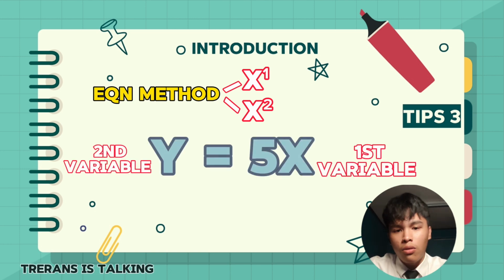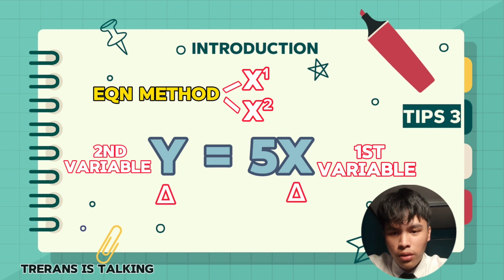Maybe it's y or z, depending on the equation itself. But we must remember that this substitution method only works when there are only two different variables in one equation. As long as you already have the first variable's value, then you can get the second one.